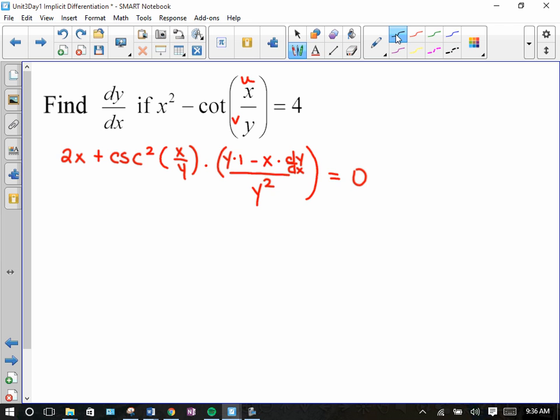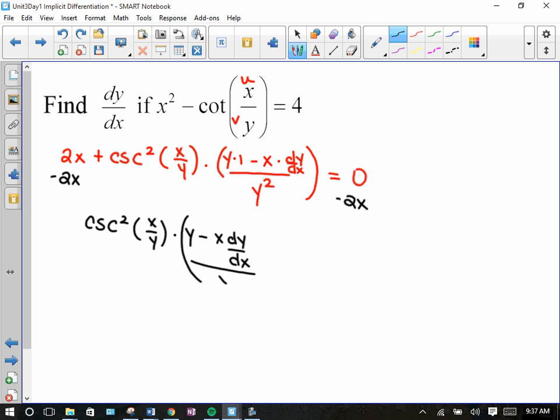So, let's subtract 2x. We get cosecant squared of x divided by y times (y minus x dy/dx) divided by y squared. That's equal to negative 2x.